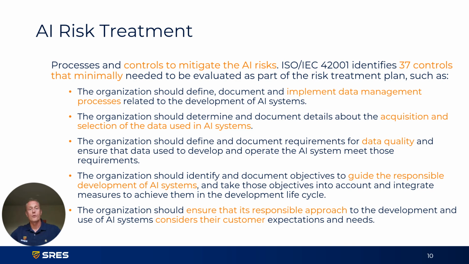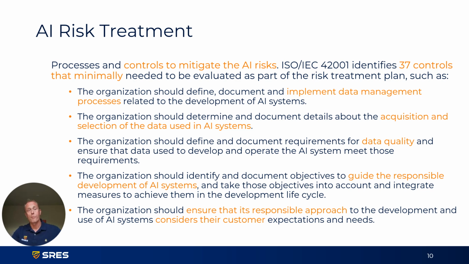And just to give you an example of some of them, I'll just read through these. Organizations should define, document, and implement data management processes. Organizations should determine and document details about the acquisition and selection of data, so making sure we get good data. The next one's regarding the data quality, ensuring that the data used to develop and operate the AI system meets all of our requirements.